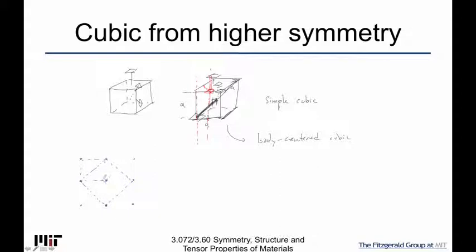Now if I make this the fourfold axis in the middle, this over here will show up on all sides. And so now I produce a face-centered cubic lattice.